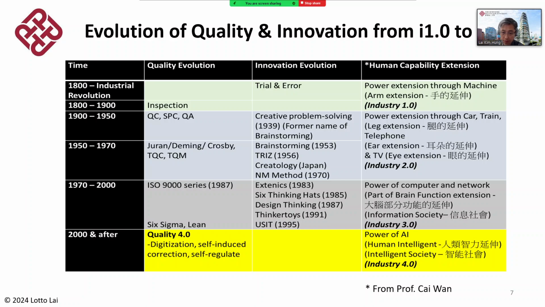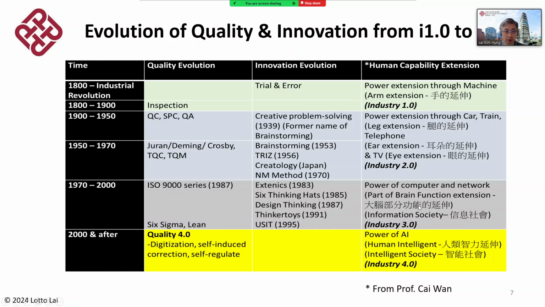And based on Professor Troyman's separation of the different industrial revolutions, industrial 1.0 is the arm extension. The power extends full machines, which we can call arms, and power extends to the car and train, maybe our legs, and telephone, our ears, and TV, our eyes, which are some perception extension.